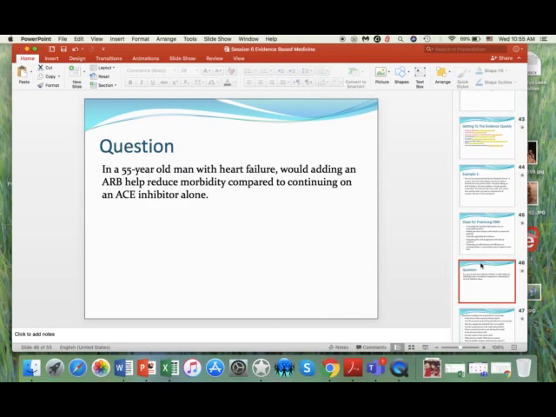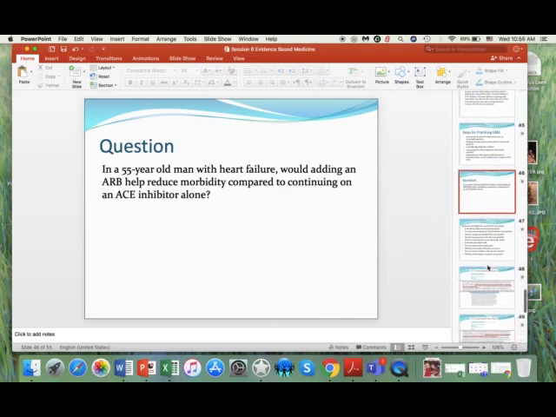In a 55-year-old male with heart failure, would adding an ARB help reduce morbidity, meaning morbidity could be a heart attack or stroke or any other illnesses from the heart failure. In a 55-year-old man with heart failure, would adding an ARB help reduce morbidity compared to just continuing him on an ACE inhibitor alone?